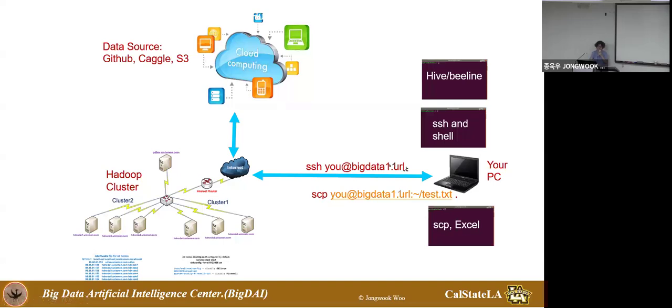Using your personal computer, you can run the SSH command with your account name and IP address to connect to it, right? This flow shows what you did and what you are doing in lab 1 and lab 2.